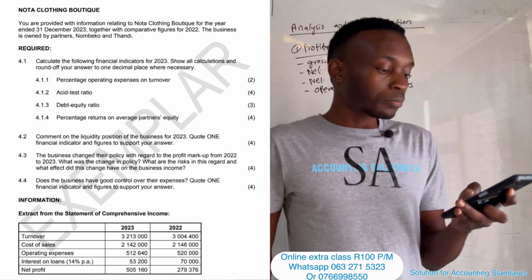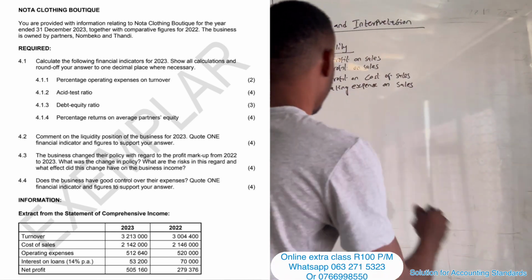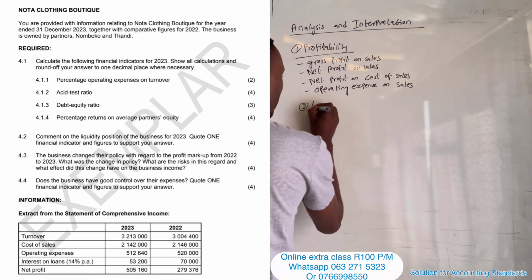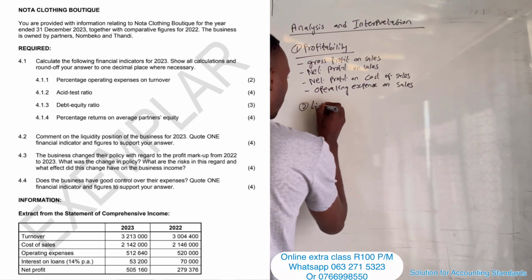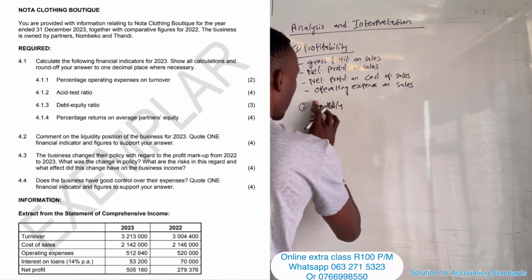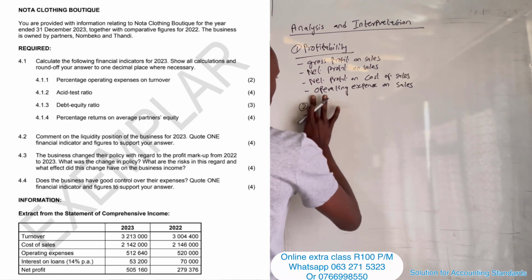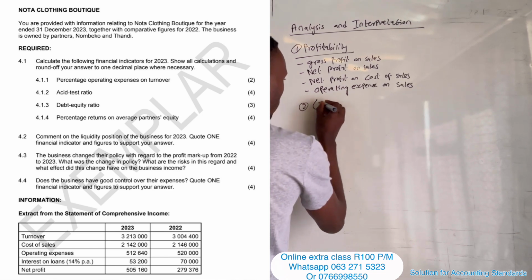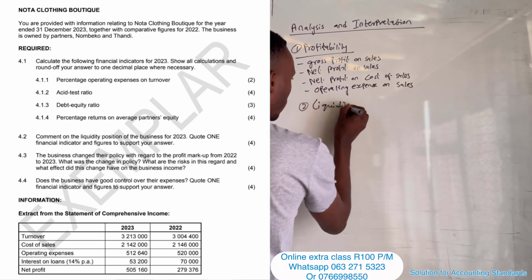Okay, the second category is liquidity. Okay, under liquidity, let me write it properly. Liquidity.